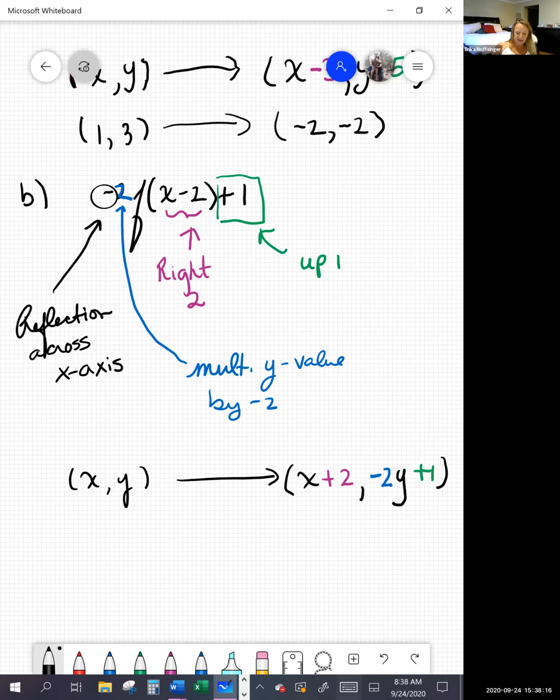So we just came up with a formula. Our point that was at (1, 3) on the original graph is now going to be at, we'll add 2 to your 1. And then we're going to take -2 times our y value. Our y value is 3, and then add 1.